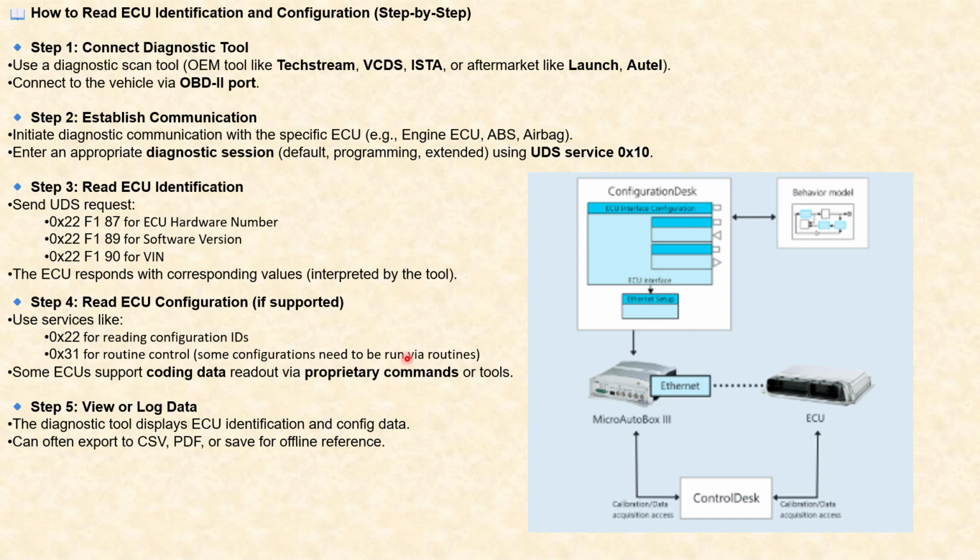Some configuration needs to run via routines. Some ECUs support coding data readout via proprietary commands or tools. Then view or log data. The diagnostic tool displays the ECU identification and configuration data, which can often be exported to CSV or PDF for safer offline reference. So once you see the data, you can always export it to Excel or PDF depending upon your convenience.